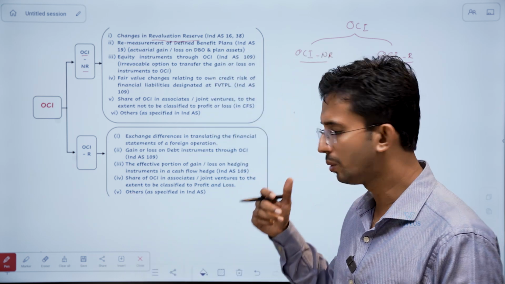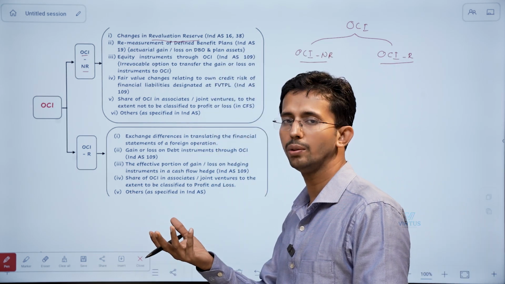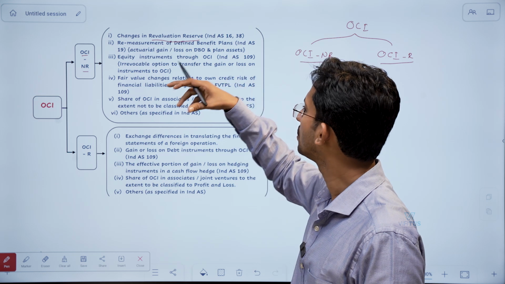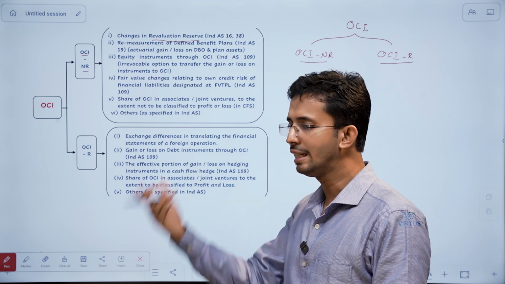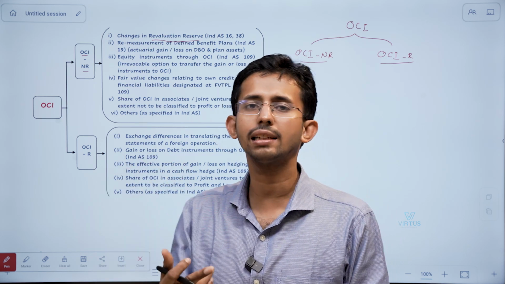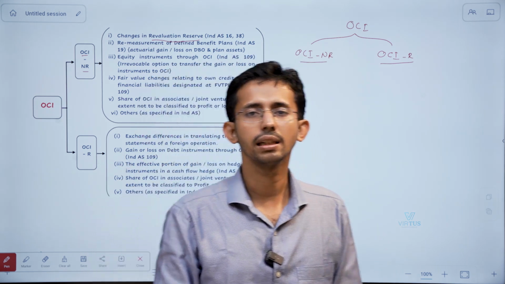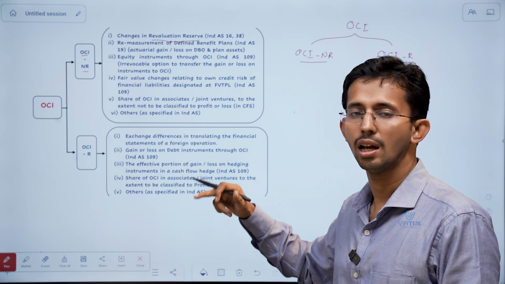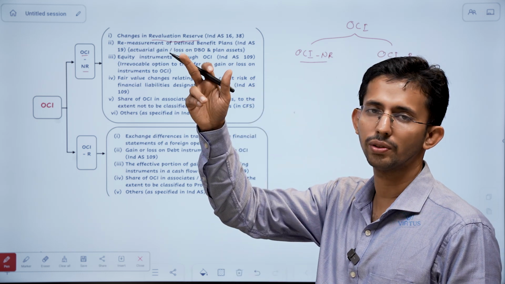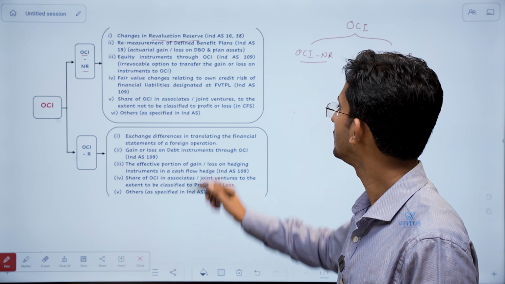Whenever you create a revaluation reserve and transfer it to other comprehensive income, on derecognition or any change in the revaluation reserve, it will not be routed to the profit or loss, rather it will directly get transferred to the reserves. That is the first item.